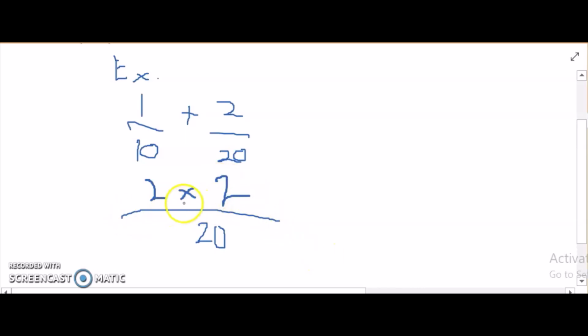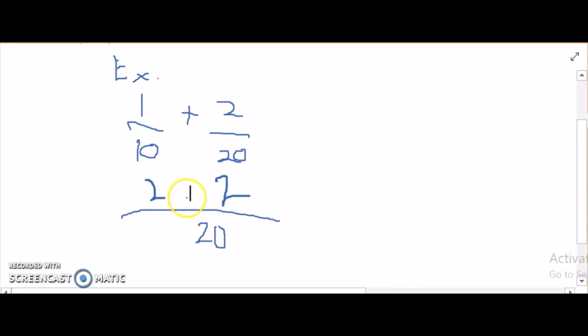I wrote multiplication instead of addition. I put that addition sign back. As I was saying, this is the next thing we do. Now we do our normal addition, 2 plus 2 giving us 4.